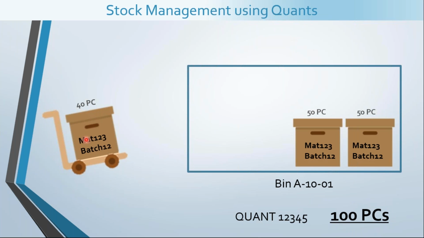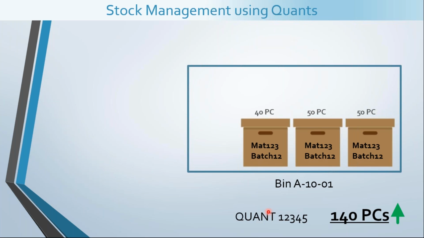Okay. Now let's say the same material and the same batch, another box of 40 pieces. Let's say you receive it from your vendor, and now you are storing it in the same bin. So you put this box here. So what does SAP system do?